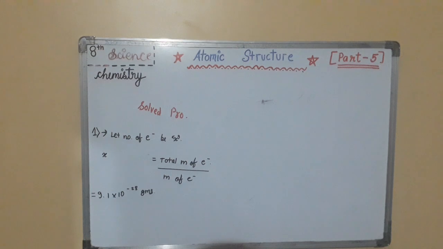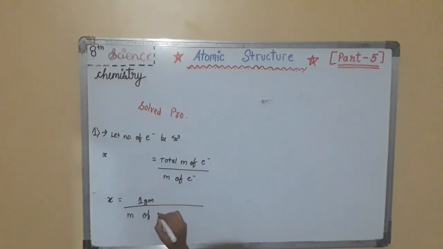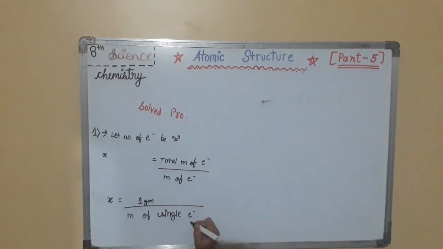So substituting the values, we get x is equal to 1 gram upon mass of single electron in grams.